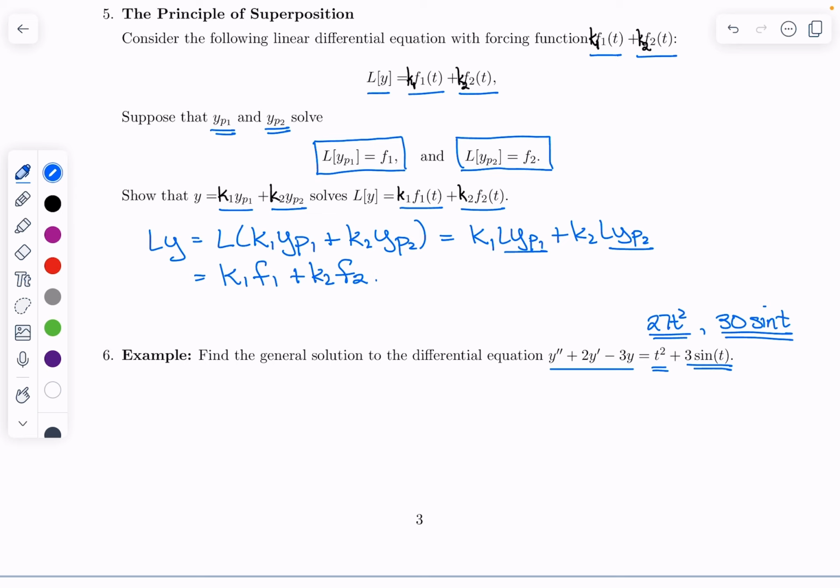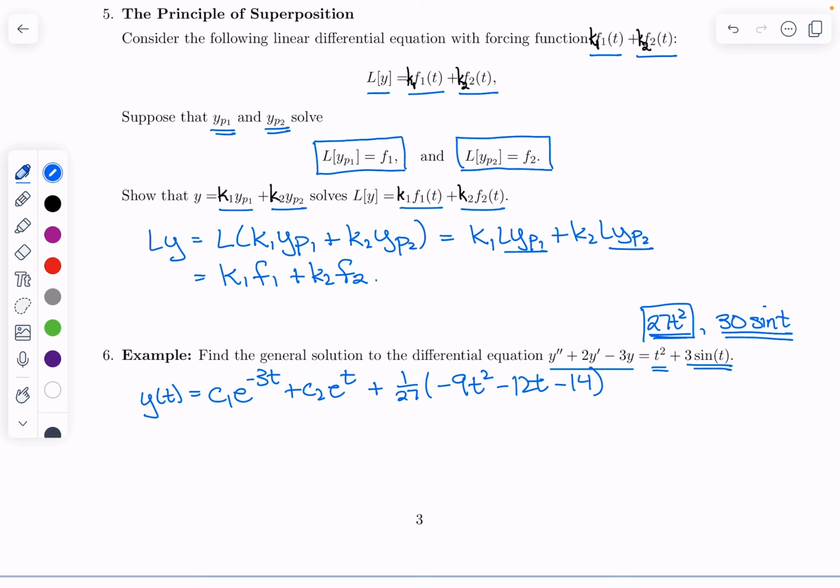So I can tell you right off the bat that y of t is going to be the homogeneous solution, c1 e to the minus 3t plus c2 e to the t. And then it's going to be 1/27th of the particular solution when I solved for 27t squared, which was minus 9t squared minus 12t minus 14.